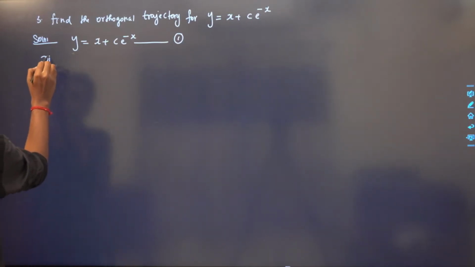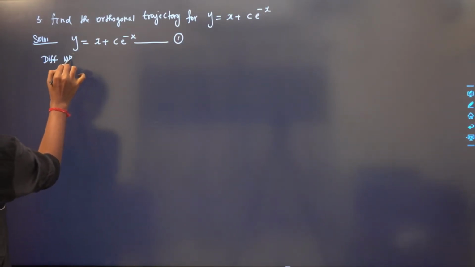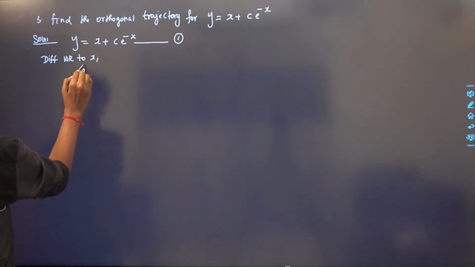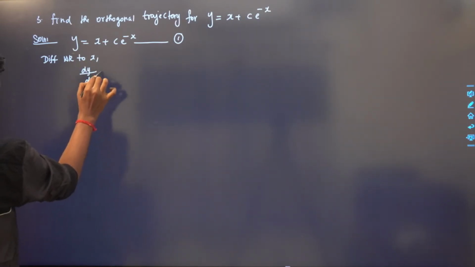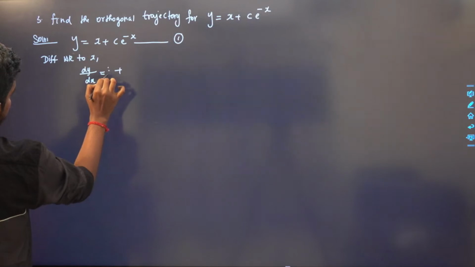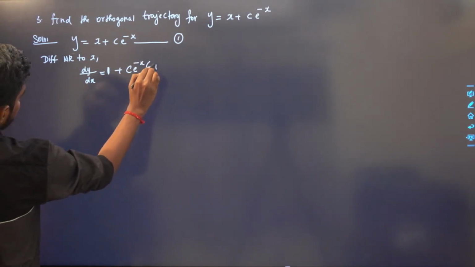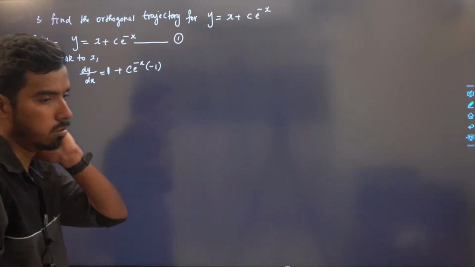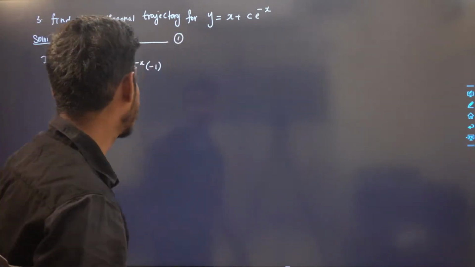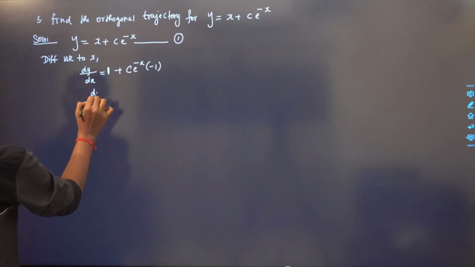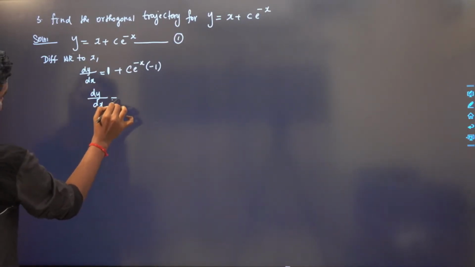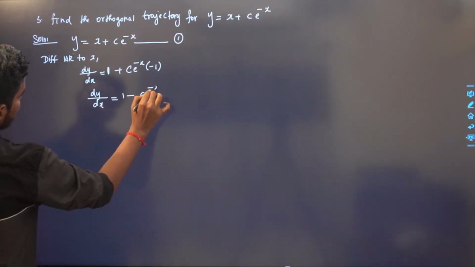So differentiate with respect to x, and then we need to eliminate the parameter. So we will have dy by dx is equal to 1 plus c e power minus x into minus 1, right? So dy by dx is equal to 1 minus c e power minus x.